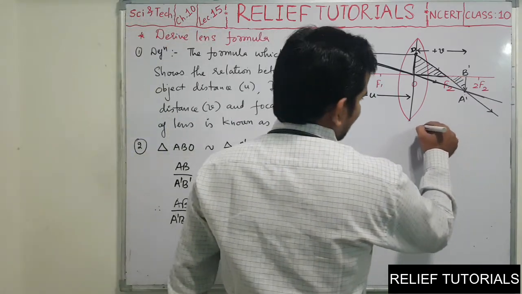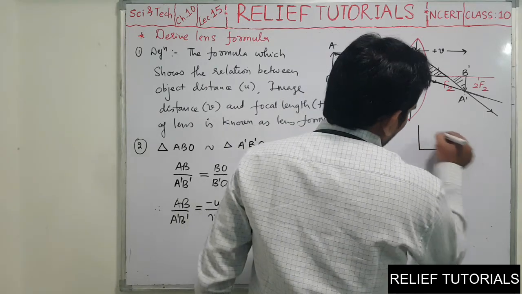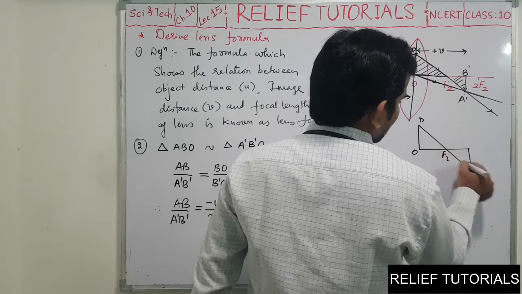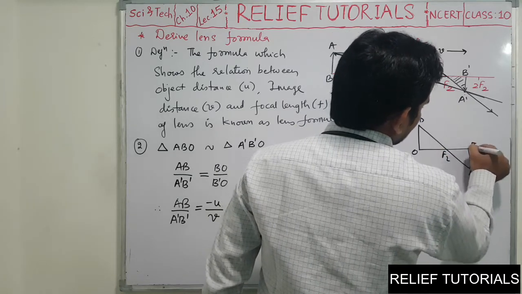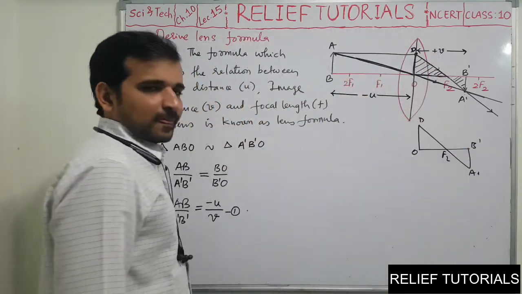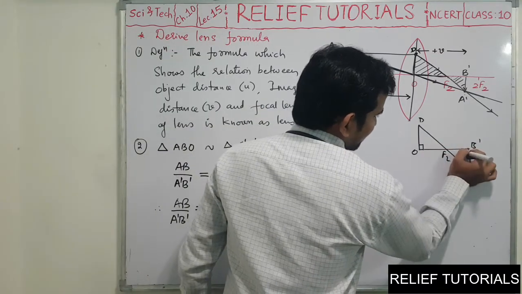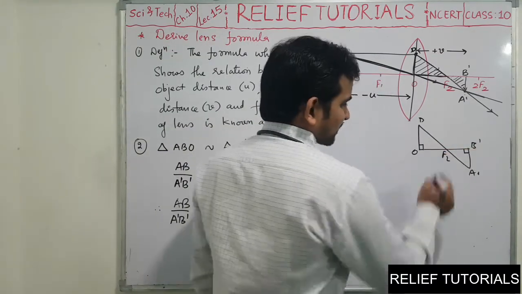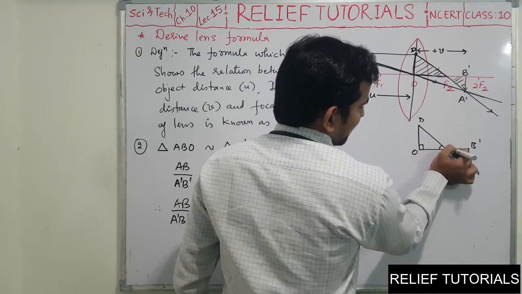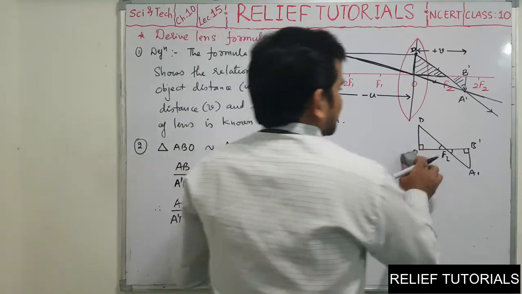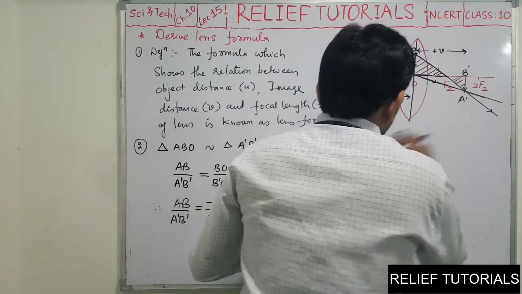Let me draw it separately. Again the same logic: angle O and angle B dash are right angles, and these two angles are vertically opposite. So again, according to AA criteria, these two triangles are similar.